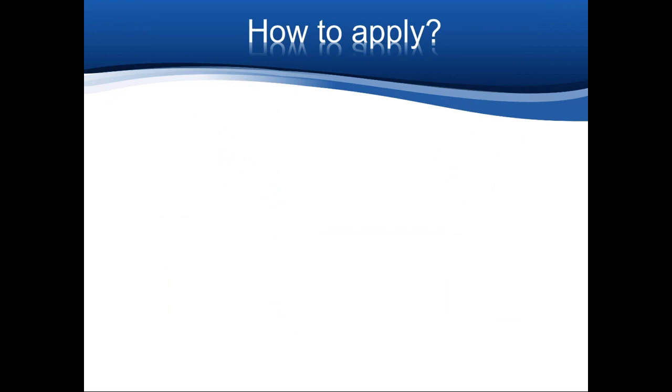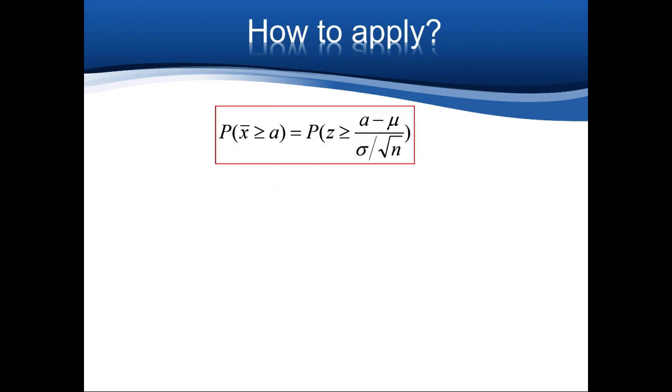How to apply? The sample mean variable of the sampling distribution is denoted as x bar. If n is bigger or equal to 30, we can apply it based on the central limit theorem.